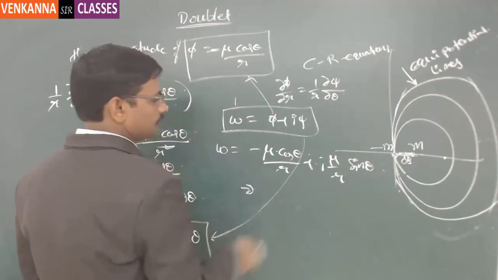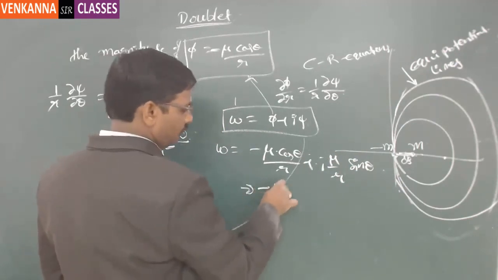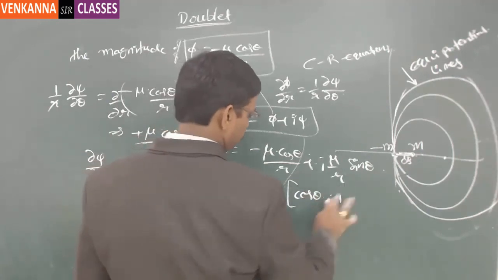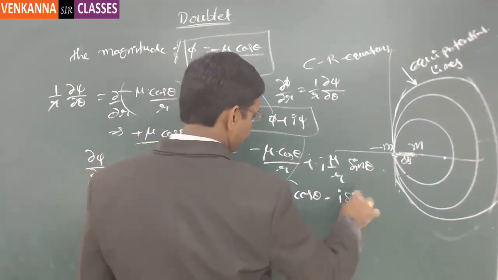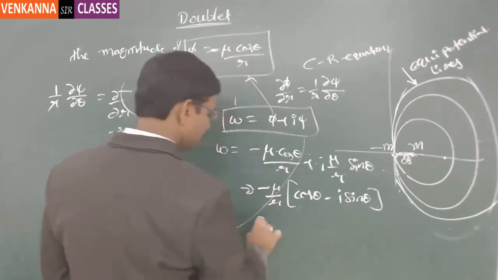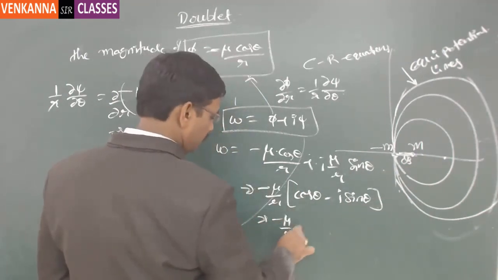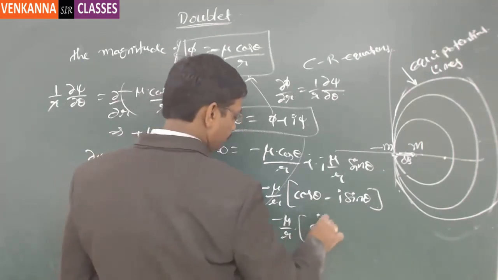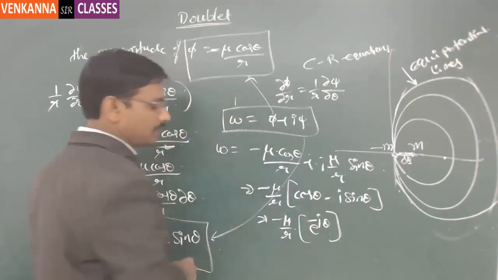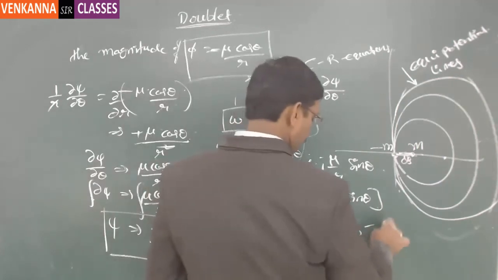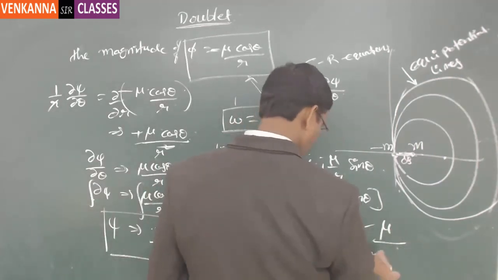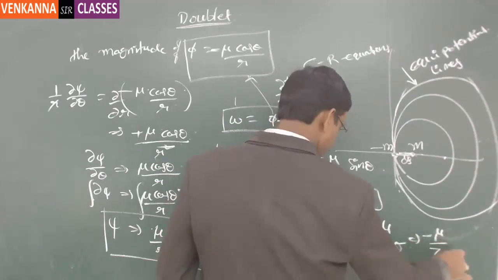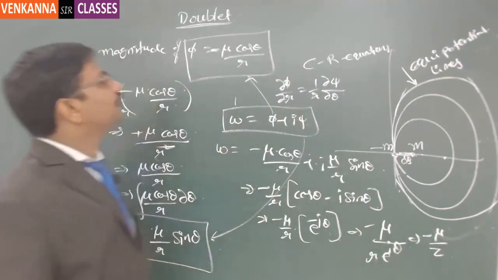If you take minus mu by r, this will be cos theta minus i sin theta. That is, minus mu by r into cos theta minus i sin theta, which as per Euler's formula is e power minus i theta. So this is minus mu by r into e power minus i theta, which is minus mu by z.